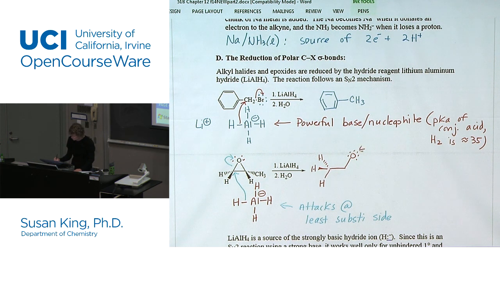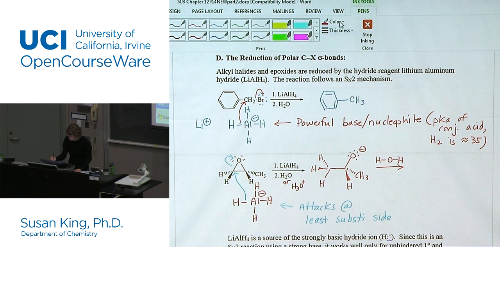O minus. So this looks like something straight out of the last part of chapter 9, and this is going to react just like the strong nucleophiles in chapter 9. HOH, you can also use H3O plus here, and really we're adding a second acid step because we want to protonate the epoxide. And so that's all we're doing in that second step.